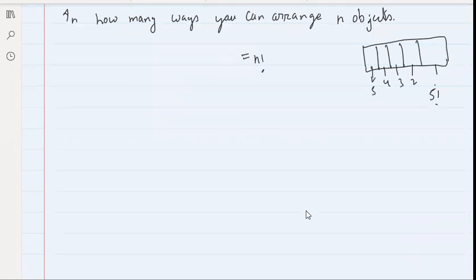Now let's see some special cases. Just tell me, suppose I'm giving you this: A, A, A. In how many ways you can arrange them?